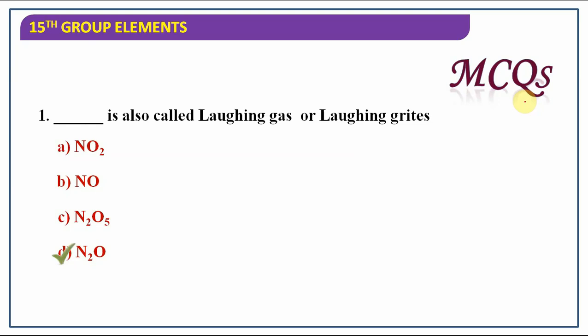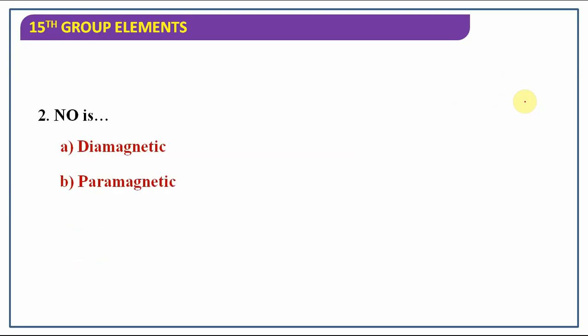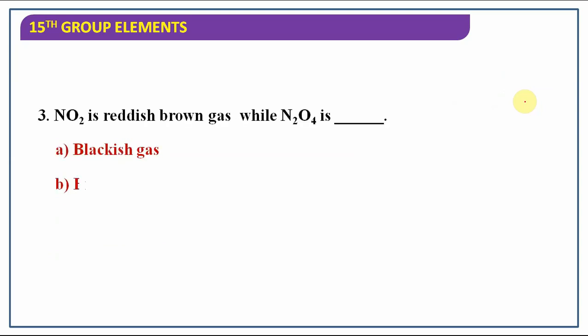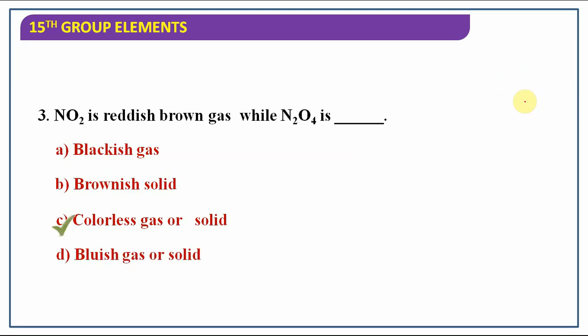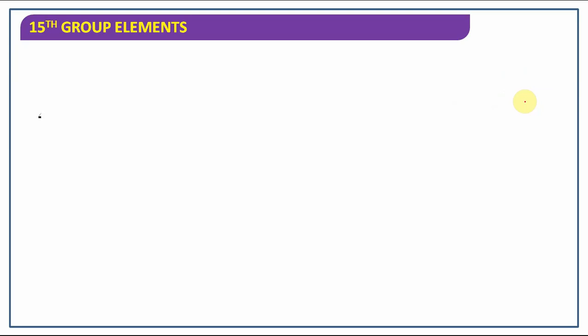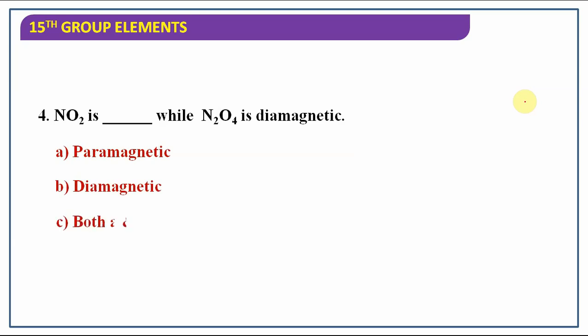NO is an example of a paramagnetic oxide because of the presence of one unpaired electron or odd electron. NO2 is a reddish brown gas, while N2O4 is a colorless gas or solid. NO2 is paramagnetic while N2O4 is diamagnetic. So option A is the correct answer.